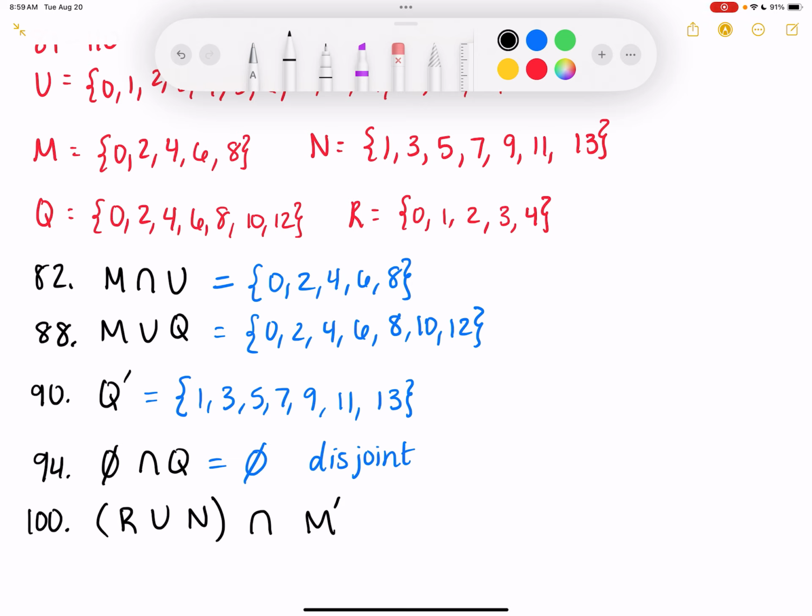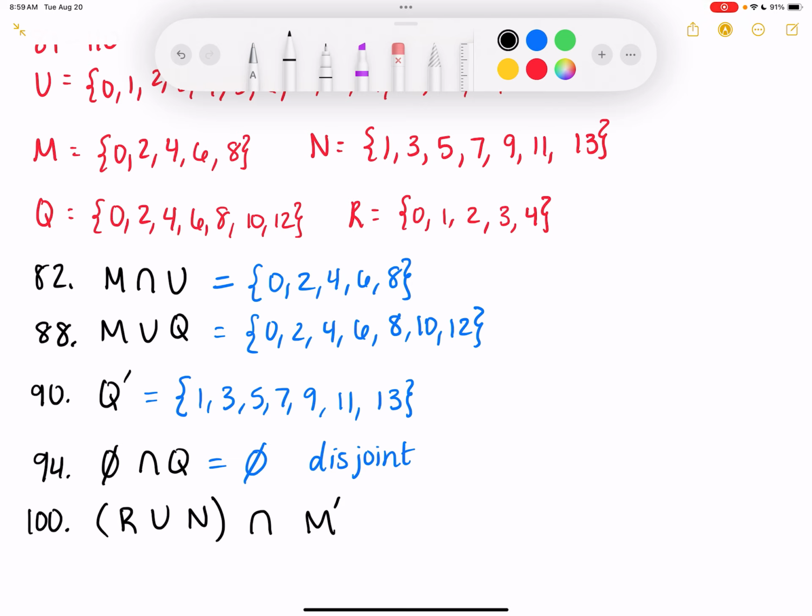So this is one where I tend to rewrite stuff, because there's a lot that I'm dealing with, so I'm going to do this one in steps. This will still follow your PEMDAS rules that you're used to for all the rest of math. The first thing I'm going to do is the stuff in parentheses, so I'm going to do the R union N.